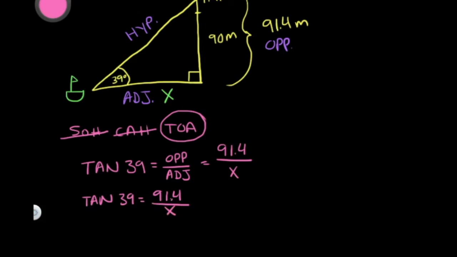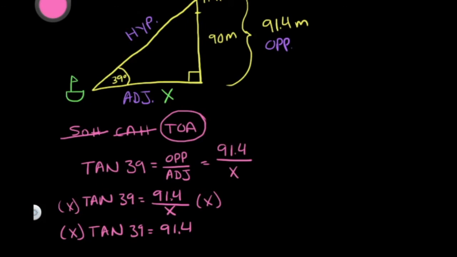So in order to get our x by itself, we have to move things around a little bit because the x here is on the bottom. So if I multiply both sides by x, I'm going to get x times tan 39 equals 91.4, right? Those x's will cancel each other out. So we've just got 91.4 left on this side. So how do I get the x by itself?